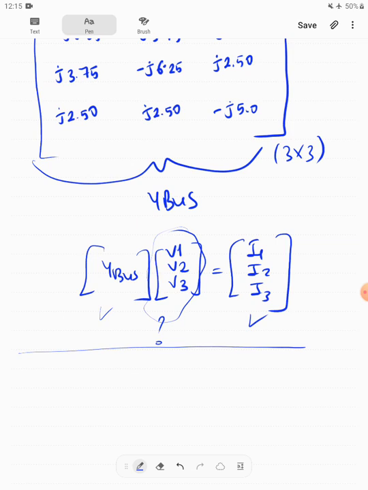You can apply this method easily to your problems. And we have seen that the addition of mutual effect into the transmission lines does not increase or decrease the size of the Ybus. Just the calculation steps are becoming different. And yes, we are coming to an end here, and thank you for listening.